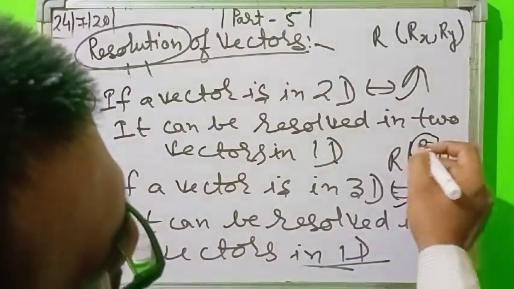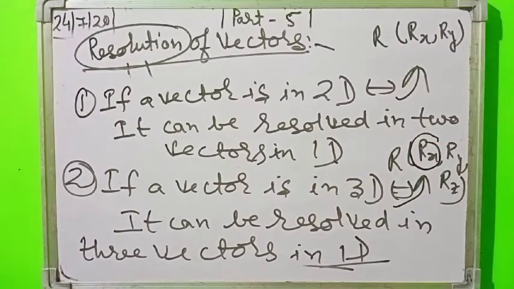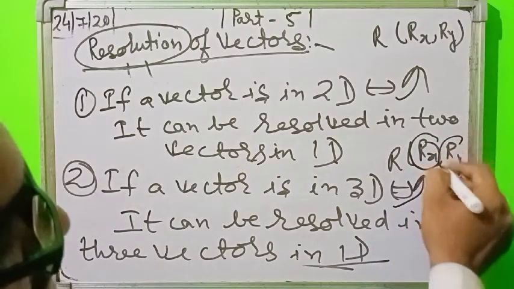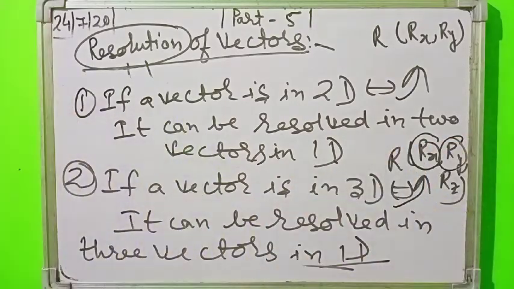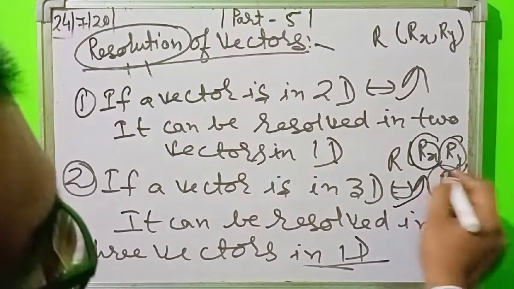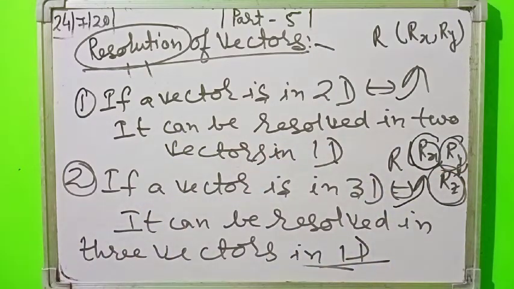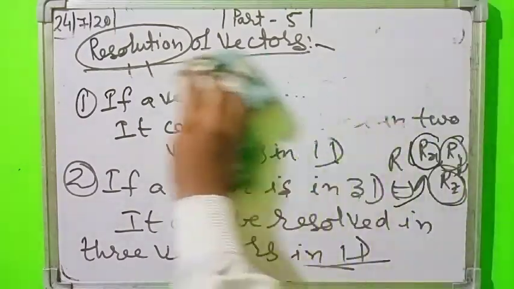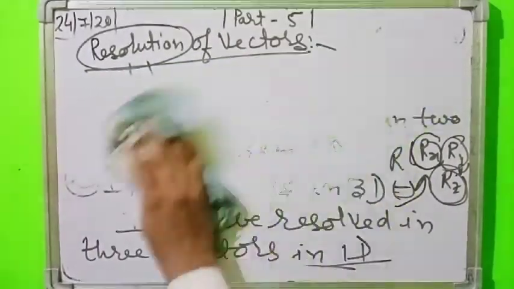Rx is the component of this vector along the x-axis, Ry is the component along the y direction, and Rz is the component along the z-axis direction. Now we will see how we can resolve this. We are taking the example of two dimensions, and based on that example, I will try to explain the resolution of a vector.